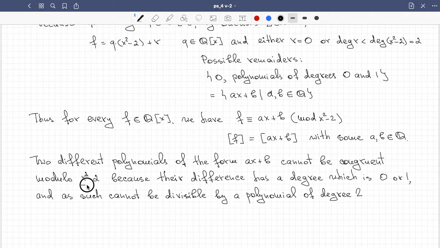This polynomial has degree 2. Polynomial of smaller degree cannot be divisible by a polynomial of bigger degree. We know that degrees add up when we multiply polynomials.